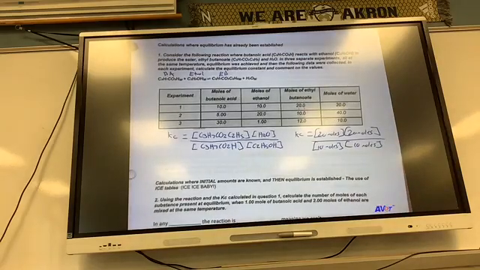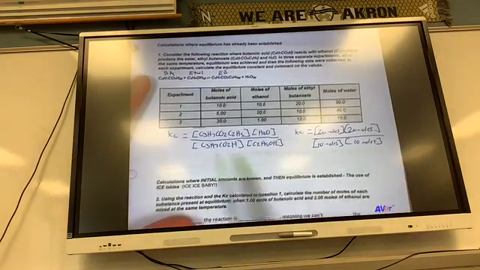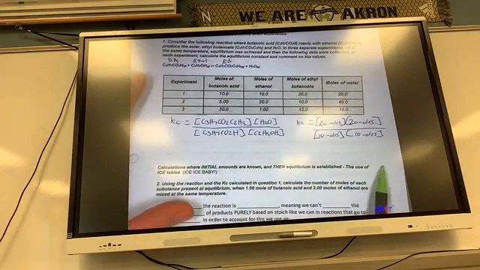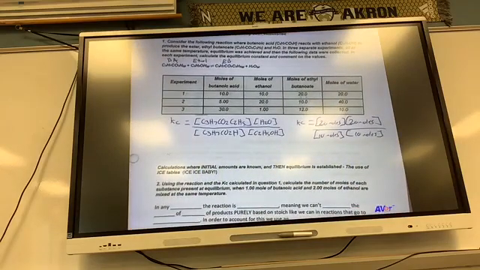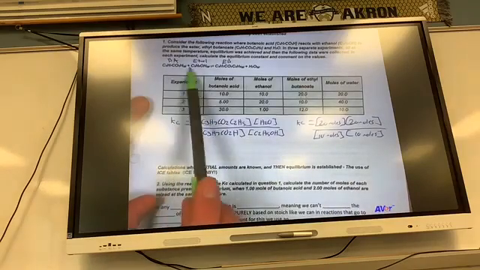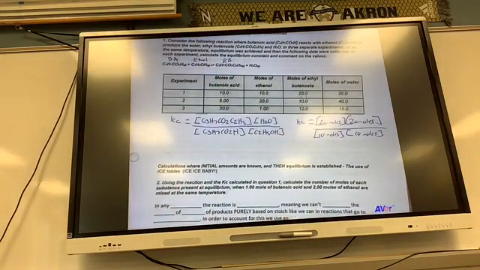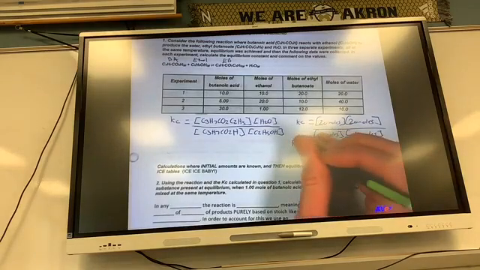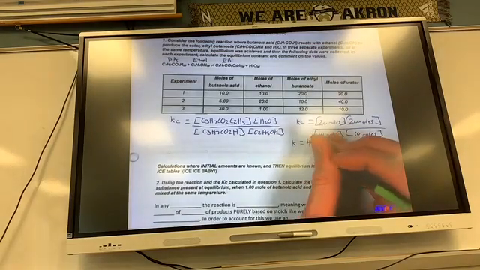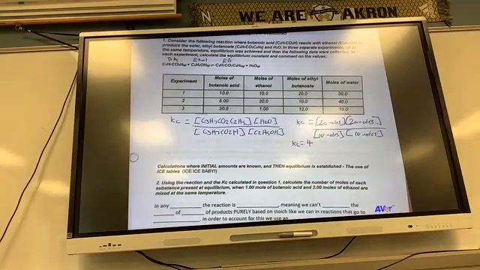Is everybody okay? What I've done so far is write the K expression and sub in numbers from trial 1. There's no exponents, they're all 1. There have to be coefficients for there to be exponents, right? Okay. 20 times 20 is 400. 10 times 10 is 100. 400 divided by 100 is 4. So Kc equals 4 for trial 1.